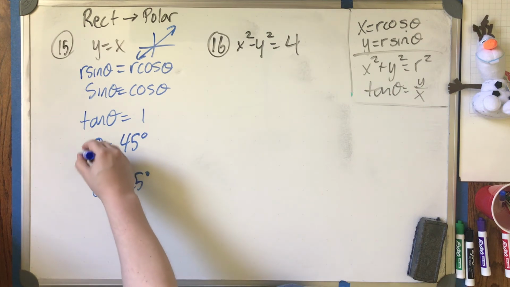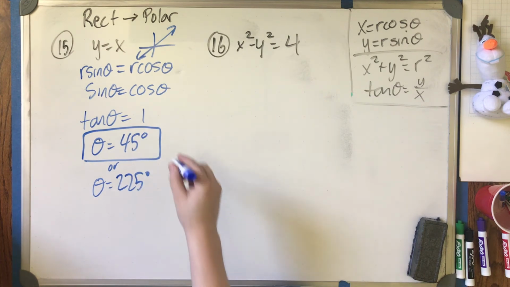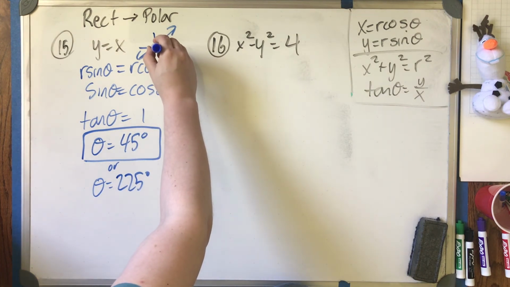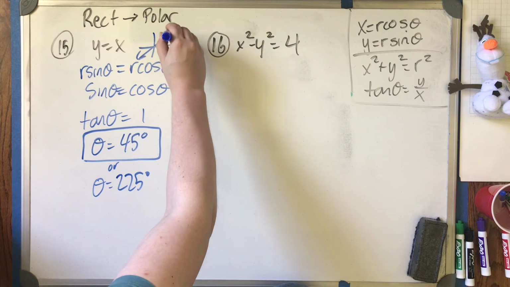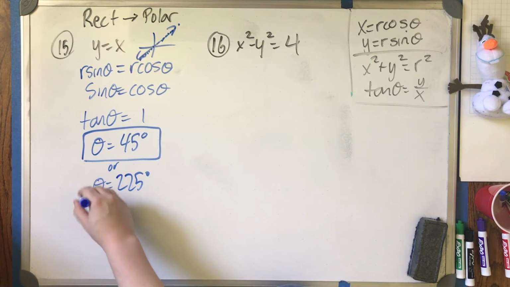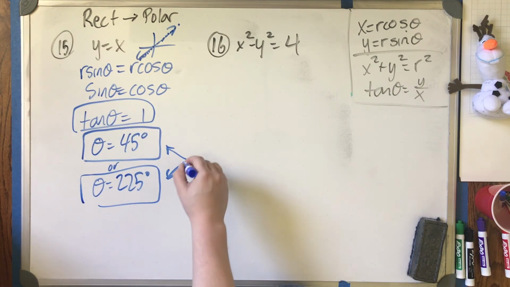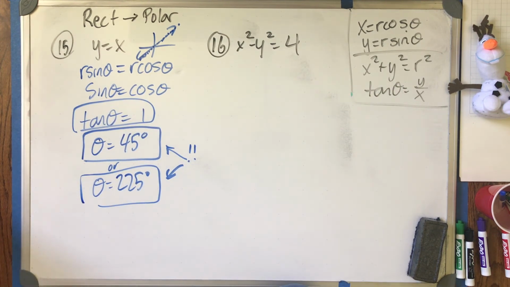So if I have a polar equation that just says theta equals 45 with no r value, it means that r equals all values. As long as I'm locked on this angle of 45, then every single r value, positive and negative, works. So any one of these officially works. These two right here are the ones that are definitely preferred.